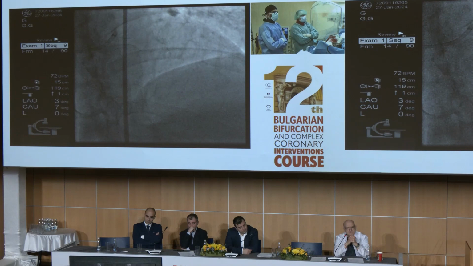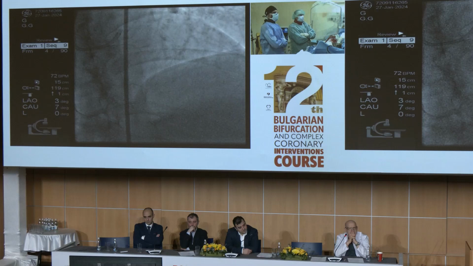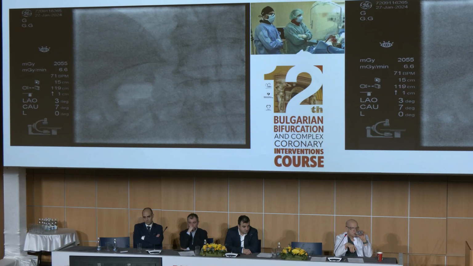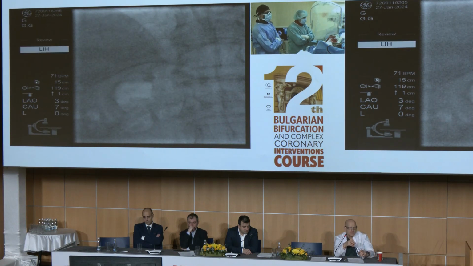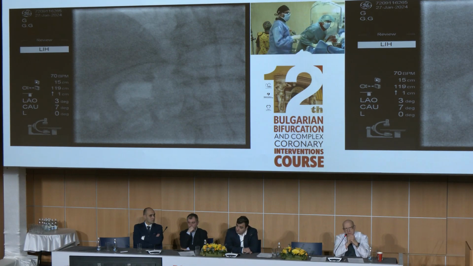But anyway, I think that to go into the third vessel with a complex procedure right now, I'm really warning first about the contrast, and another issue, we are well with the fluoroscopic dose. And what is the X-ray time? The right corner.